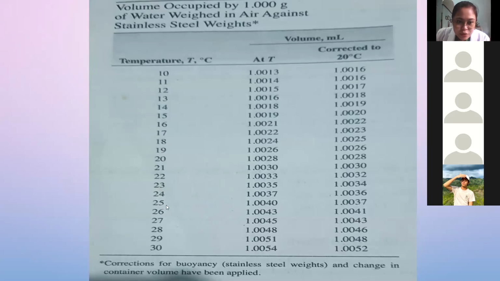Again, kung giweigh ang water at 25 degrees Celsius, supposedly mao ni ang iyahang volume, 1.0040. Pero kung 20 degrees Celsius, it's 1.0037 ang iyahang corrected volume.